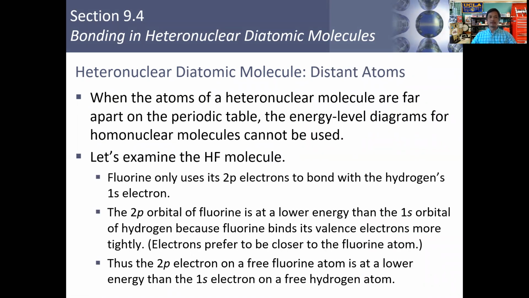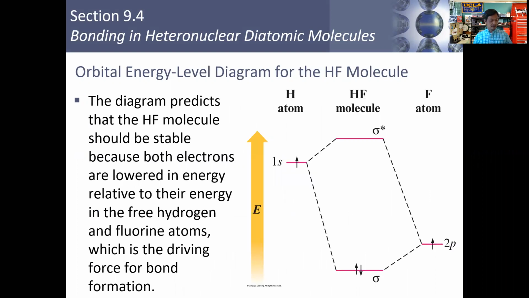The last thing I want to mention is that with heteronuclear diatomic molecules in which the atoms are far away from one another, the energy diagram is going to change quite a bit.